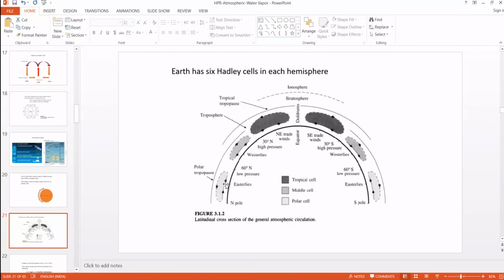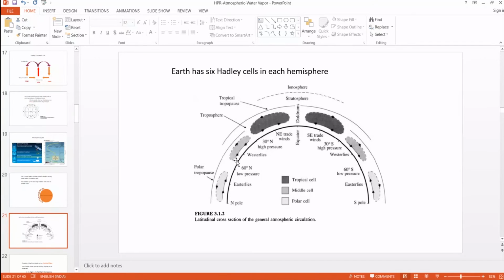So these two are the main driving cells, because of low pressure and high pressure, as well as temperature gradients. In between, there's another cell, which forms between 30-degree and 60-degree latitude. When the wind blows in the higher atmosphere towards the poles, it loses its energy, cools down, and comes back to the earth. Here it is bifurcated: one part goes one way, one part goes the other, and it starts going towards the poles.